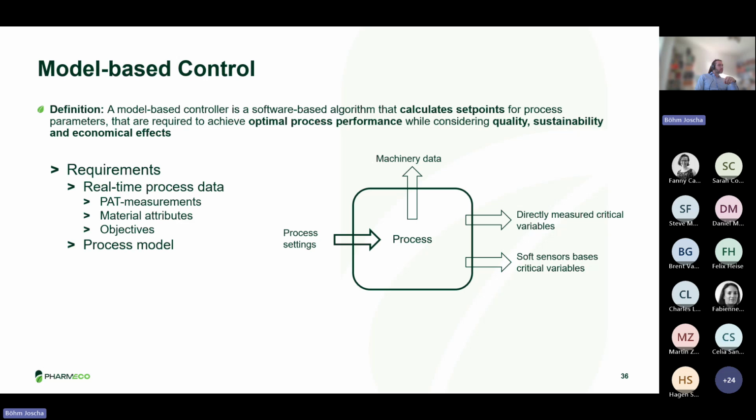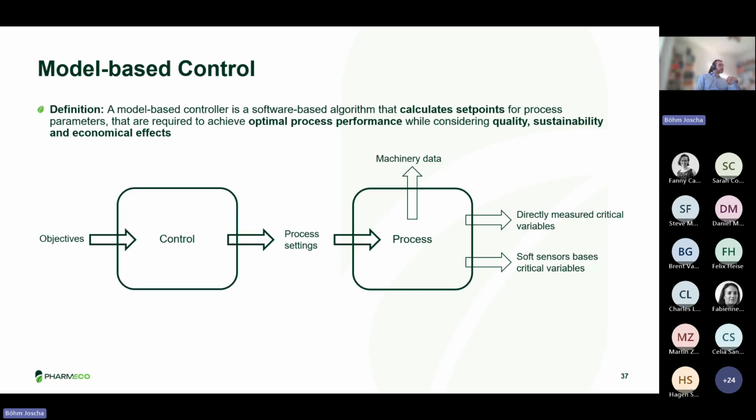If we go here for the control, we also need some requirements. Again, we need, of course, these measurements available for achieving optimal control. We need the process models available, and then we can do something with the controller. And we need to know our objectives. In a simple sense, in the first way, feed-forward information only, we just know our objectives.